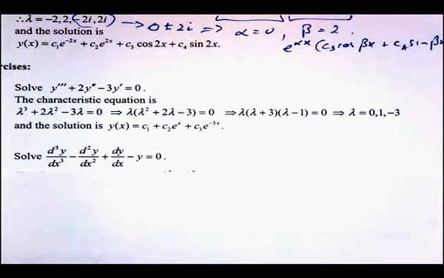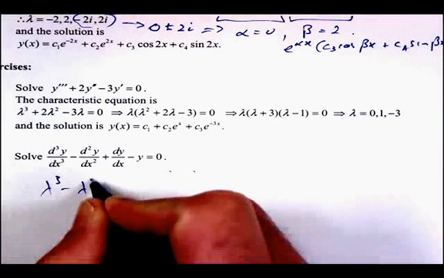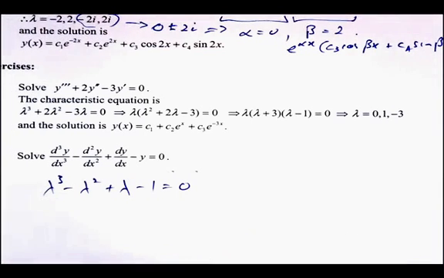Okay, so clearly lambda cubed minus lambda squared plus lambda minus 1 equals 0. How might we solve that?